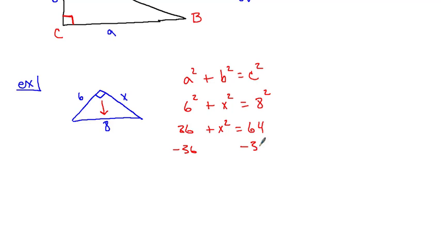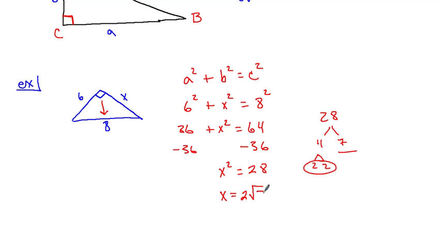Subtract 36 from both sides, and we get that x squared equals 28. Now with your newfound rationalizing and radical simplifying skills, we know that 28 is 4 times 7, 4 is 2 times 2, so we're going to have that x is equal to 2 times the square root of 7.